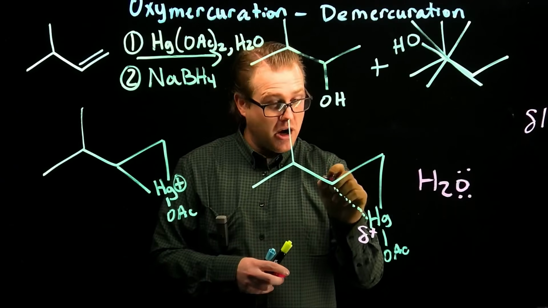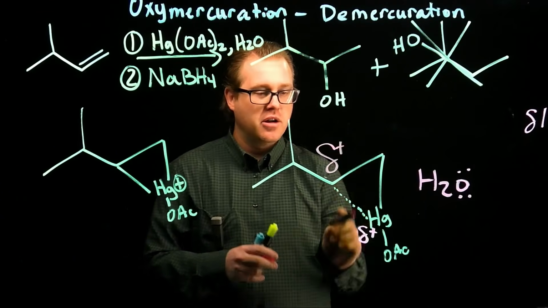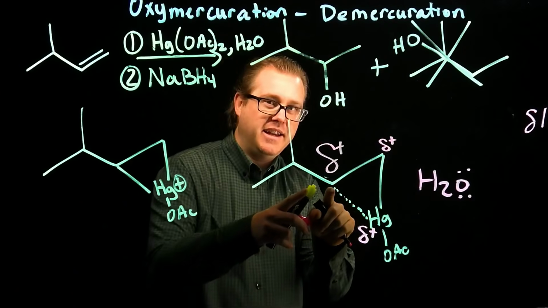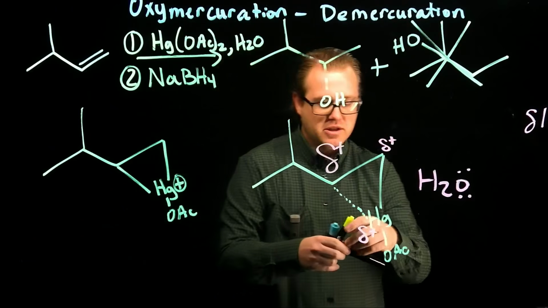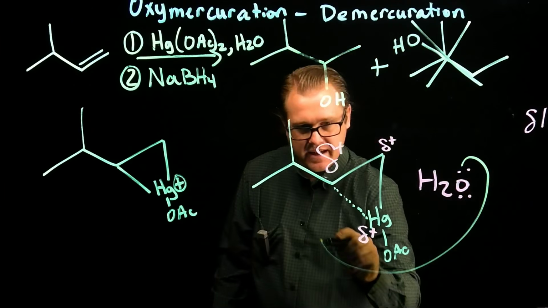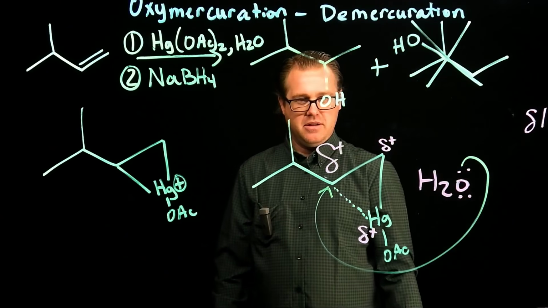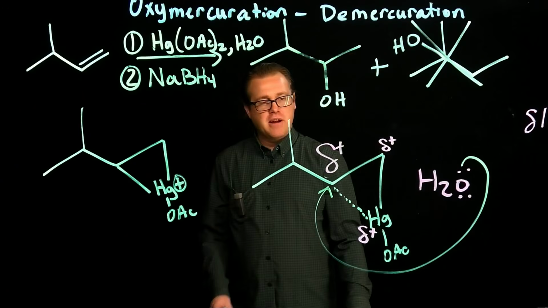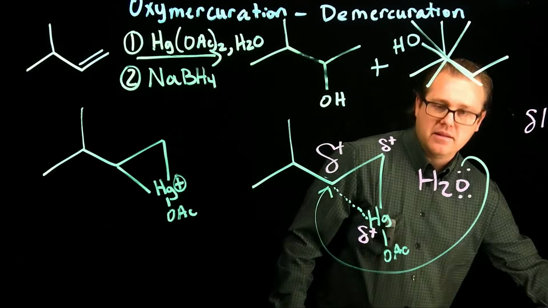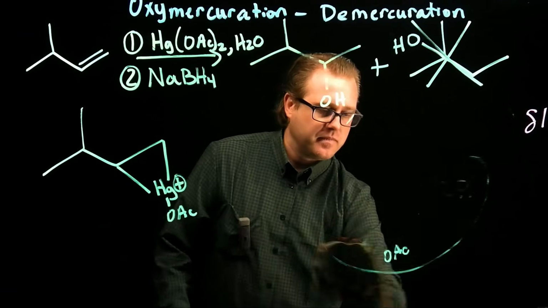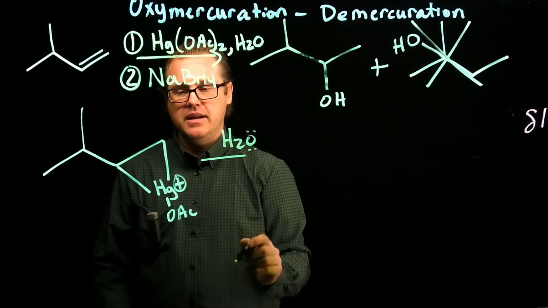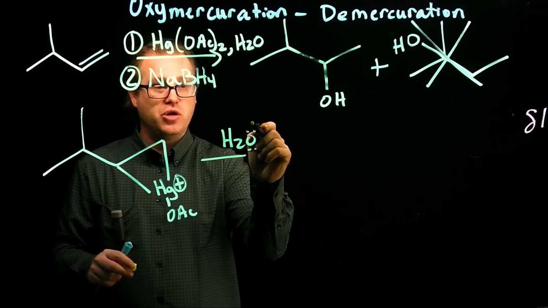This carbon right here would have a much larger partial positive than that one because of the stability from the alkyl groups. So what's going to happen is that the water is going to be attracted to that carbon. So in oxymercuration reactions, when the water comes in to do the attack, it's going to go for the more substituted carbon.